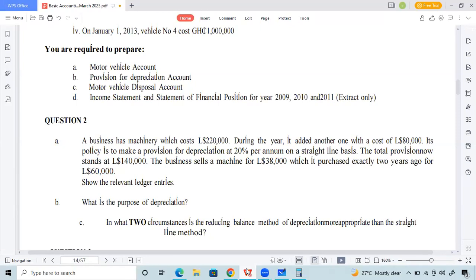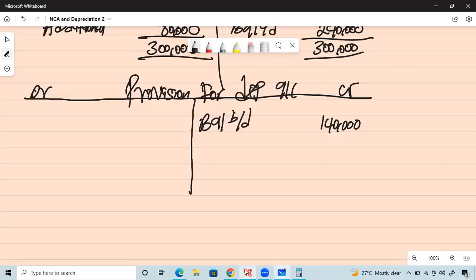The business sells a machine for 38,000 naira, which he purchased exactly 2 years ago for 60,000. So we need to calculate the depreciation on the one that you are just buying. What is the depreciation I'm going to charge for the current year? So you can say P or L. Get that first.